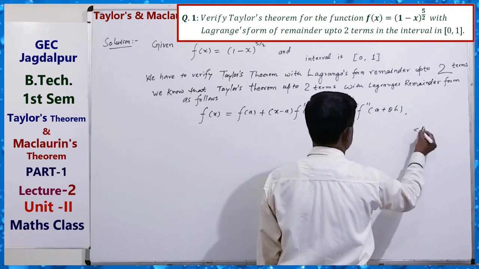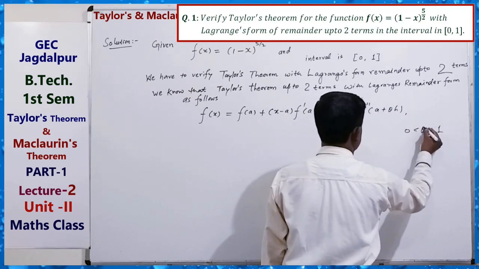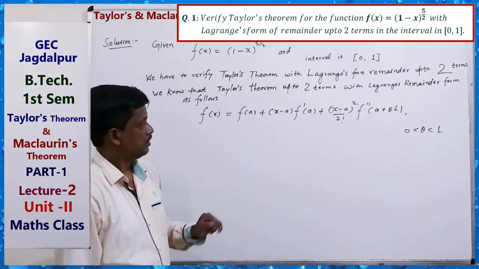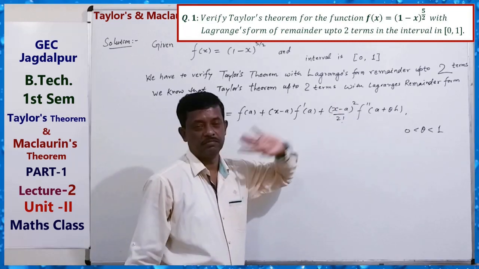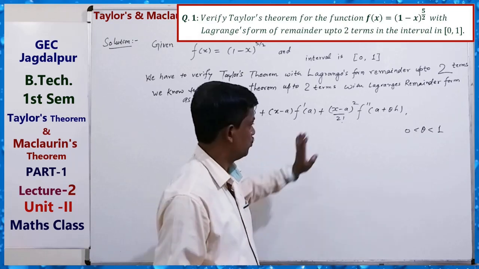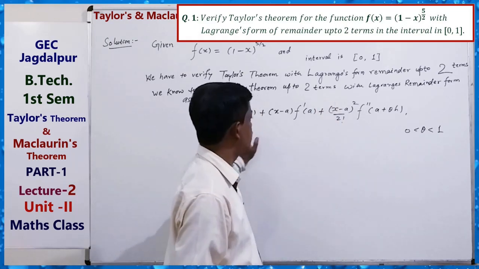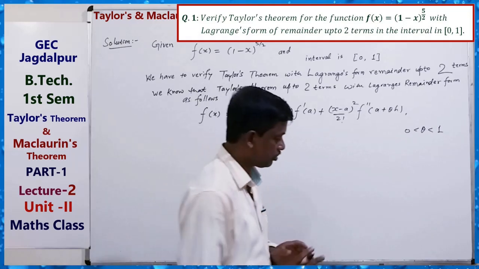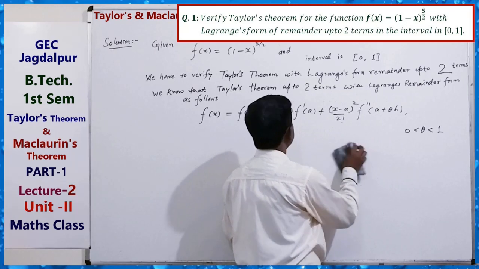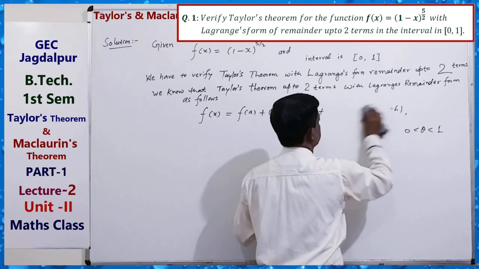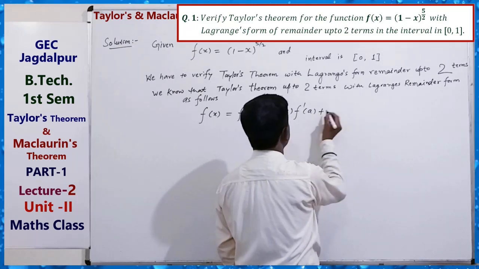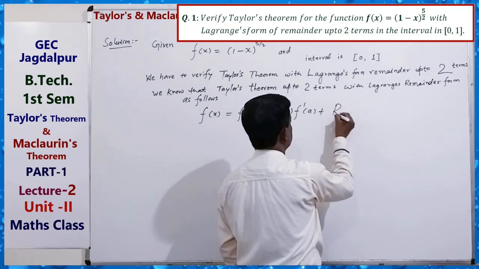Theta lies between 0 to 1. Here up to the second term, that means R2.